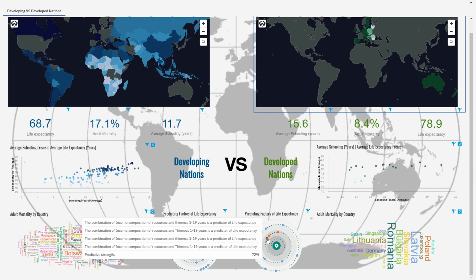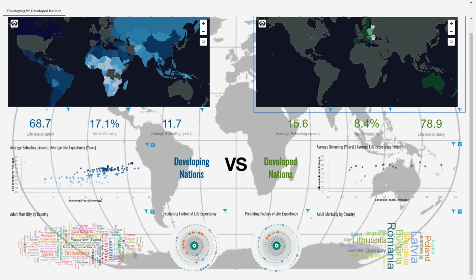So you can see predictive strength comes down to just 2 factors: income composition and thinness between 1 to 19 years. That's very interesting to look at, actually. There's much more coming into play with how life expectancy is being determined.